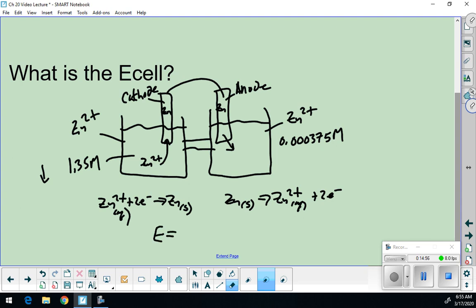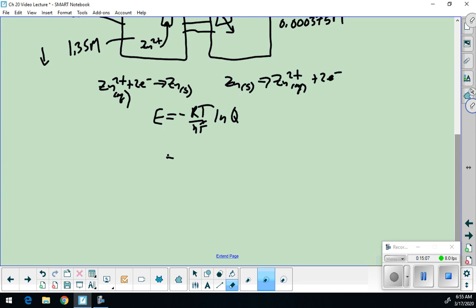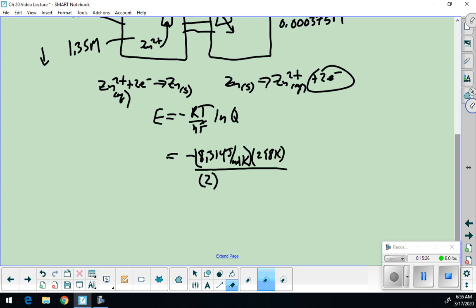E is equal to negative RT over NF, my natural log of Q. And so that would mean my negative 8.314 joules per volt mole Kelvin times 298 Kelvin over N. What is my N this time? Well, 2 electrons. So N is equal to 2 this time.